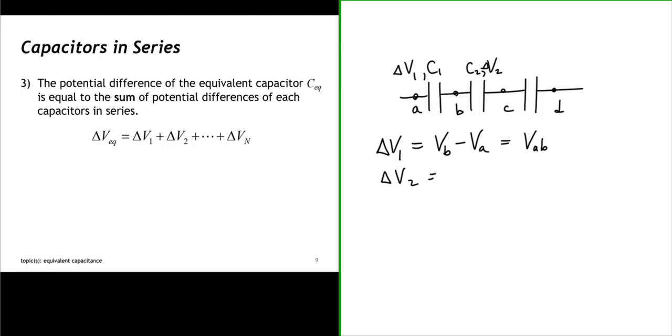That potential difference is just the difference in potential between point C and point B. Also, we could refer to that as the potential from B to C.